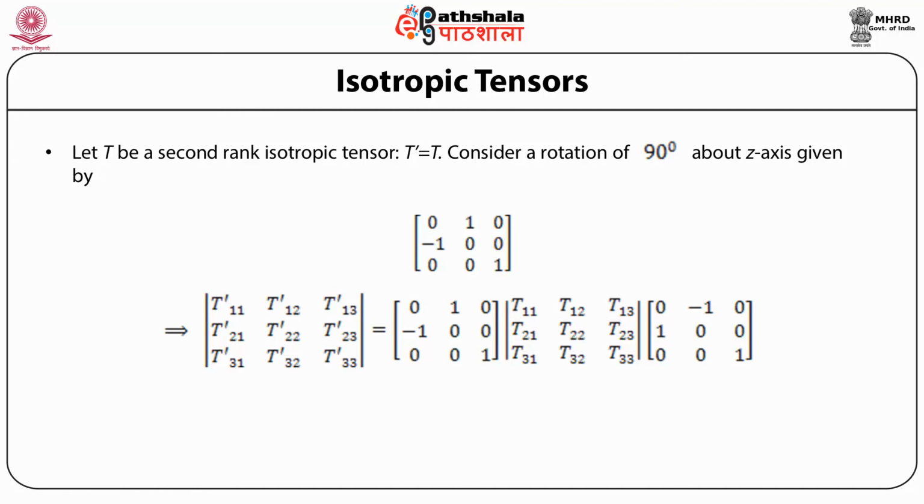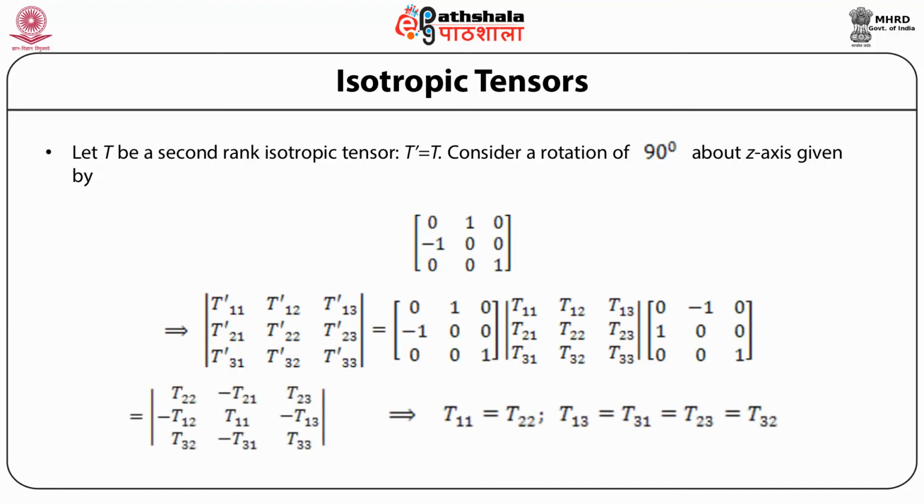T dash 33 equals the determinant 0, 1, 0, minus 1, 0, 0, 0, 0, 1 into T11, T12, T13, T21, T22, T23, T31, T32, T33 into 0, minus 1, 0, 1, 0, 0, 0, 0, 1, which equals the determinant T22, minus T21, T23, minus T12, T11, minus T13, T32, minus T31, T33.